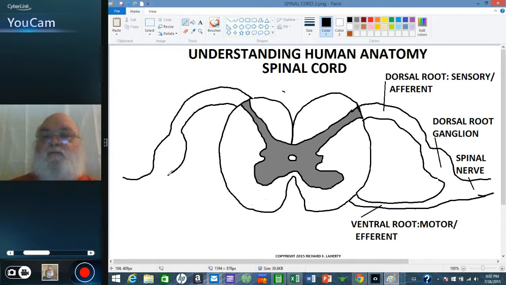So we have the dorsal root and the dorsal root ganglion. The ventral root, and where they come together to form the spinal nerve.